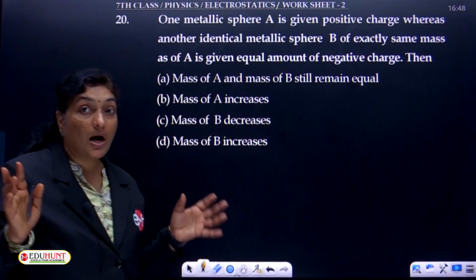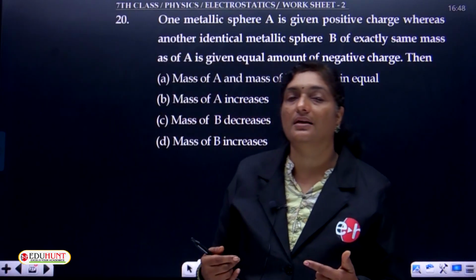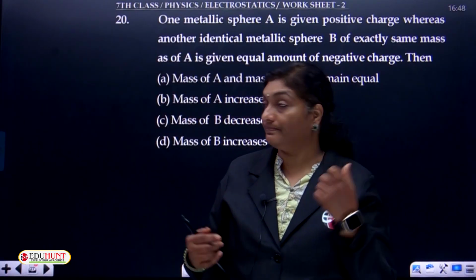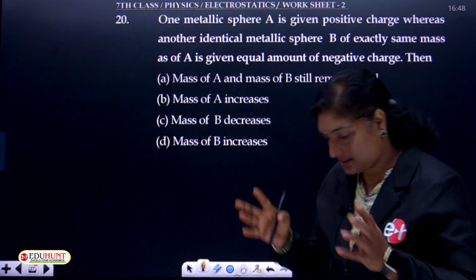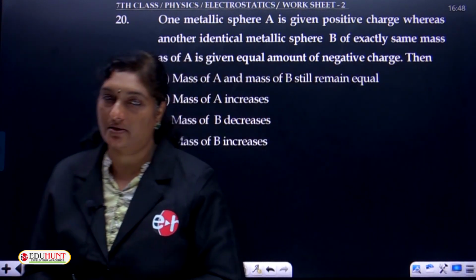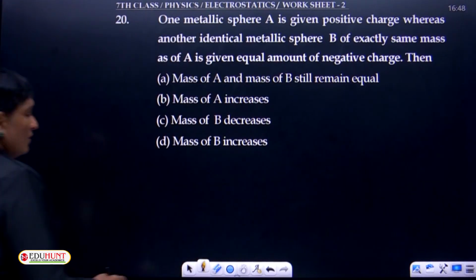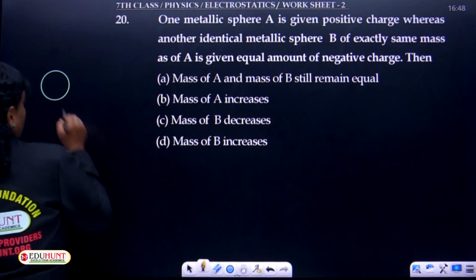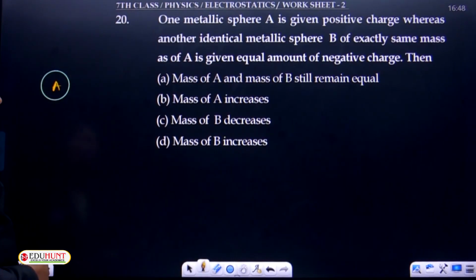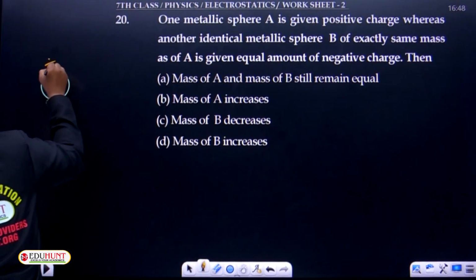So, you are given charge and now you are asked just to find out the mass. So, let us focus on this carefully, children. First of all, consider this metallic sphere, let us name this as A, and this is given a positive charge.